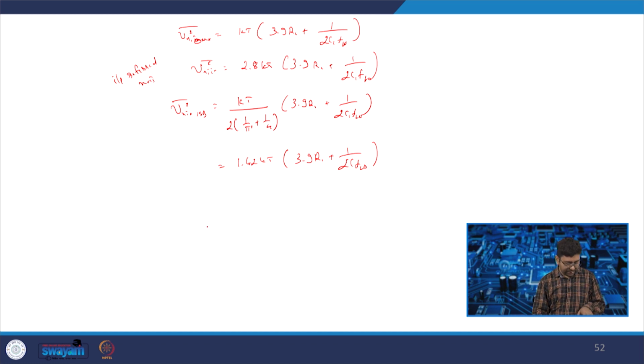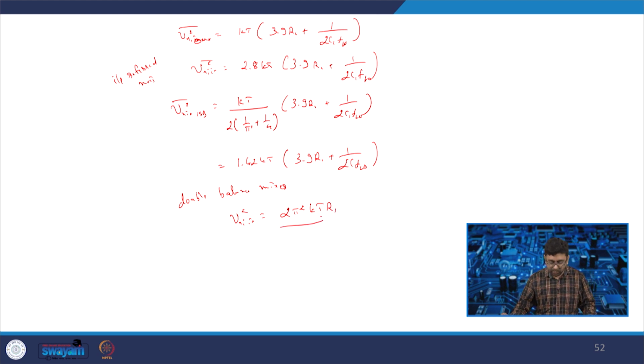And if we consider the double sideband, the double balance mixer, that is given by 2 pi square kT into R1.